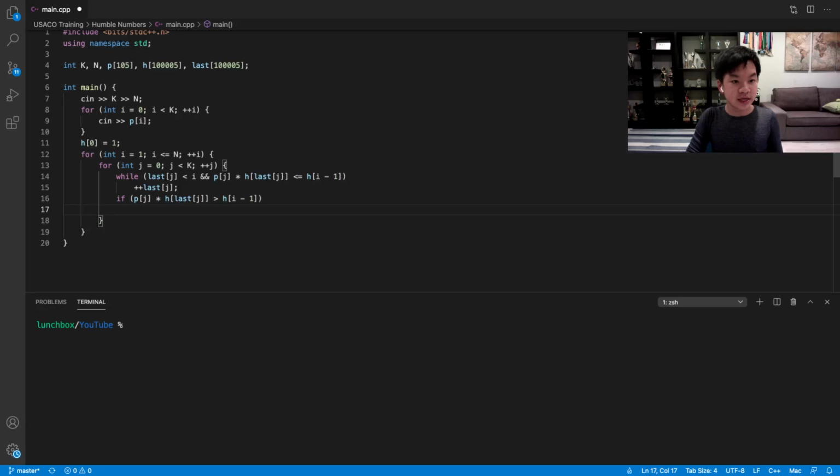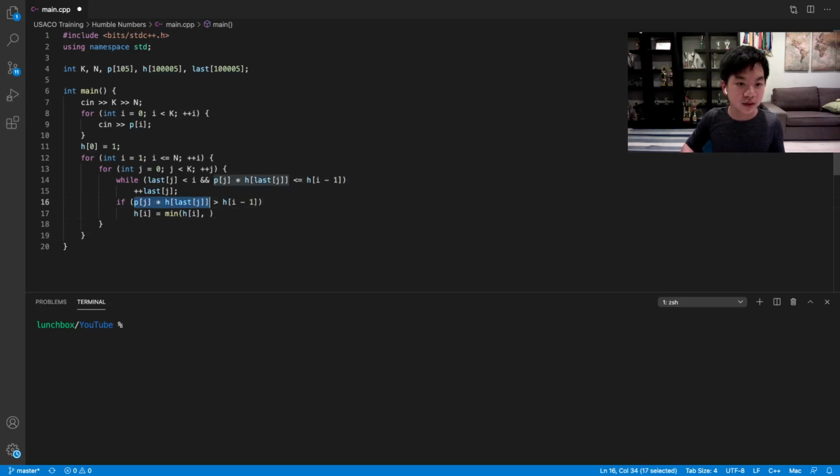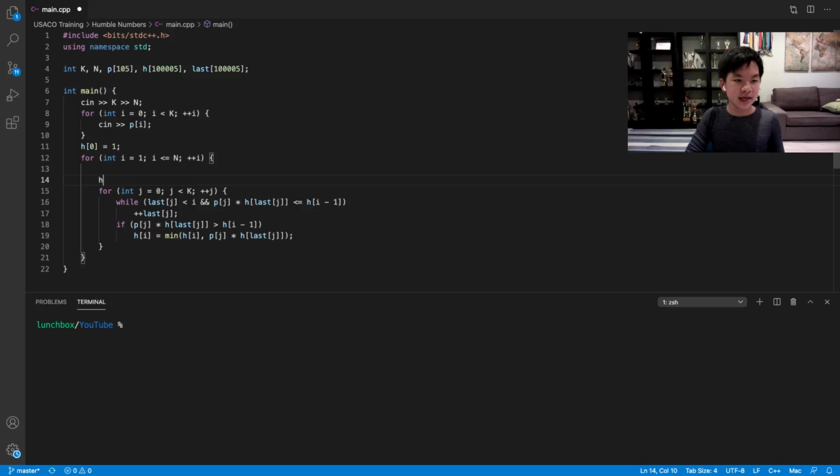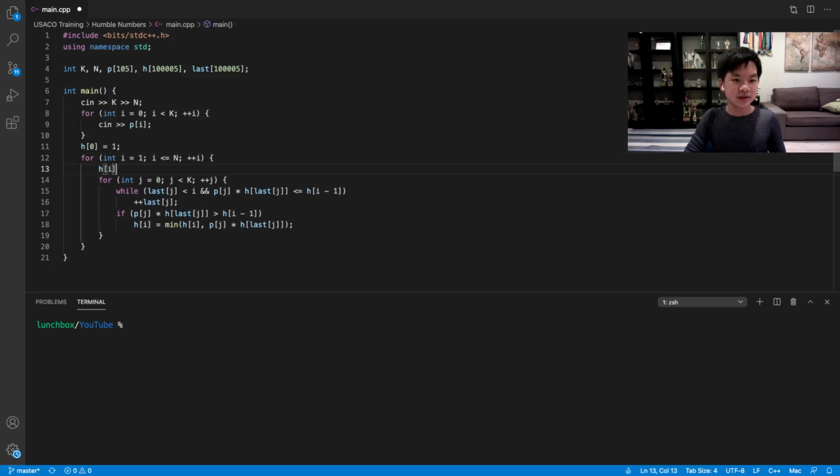Then we're going to set h of i equal to min of h of i and this value here. Originally h of i would be 0, so before here we're just going to set h of i to a pretty big number. Okay, so over here you're going to print h of n, since you want the nth humble number. So let's actually run this.